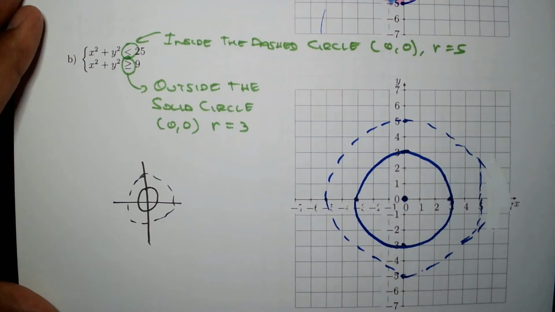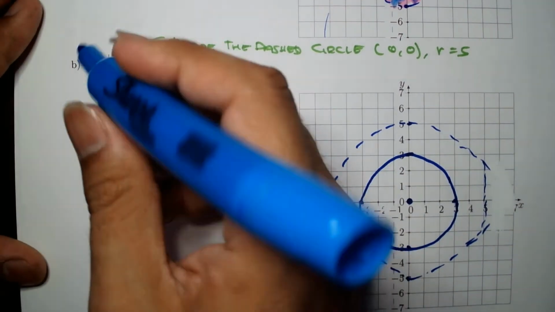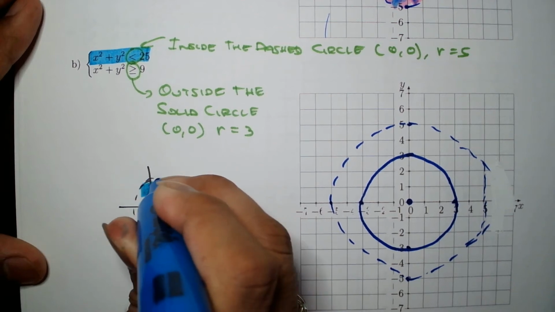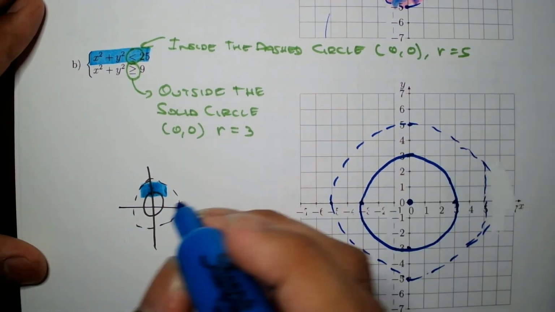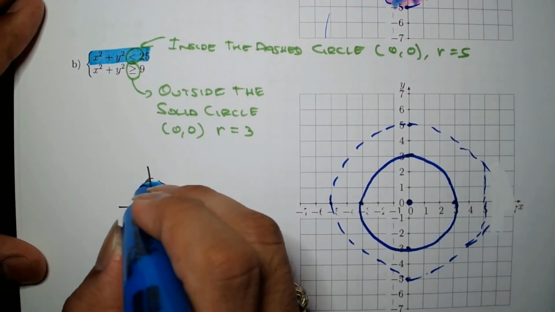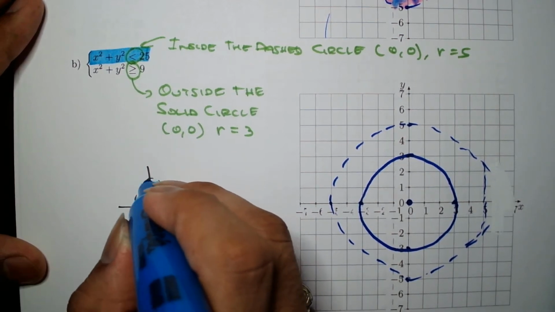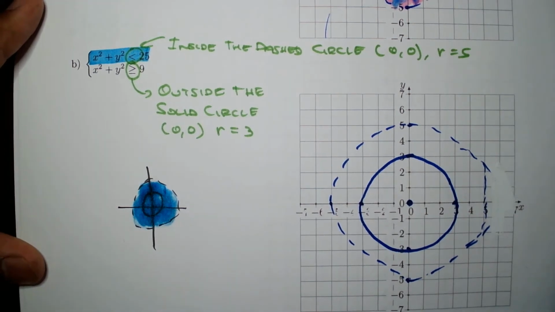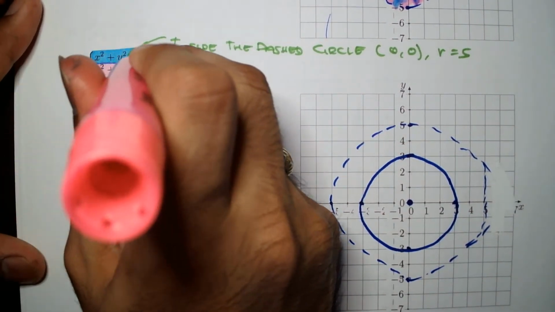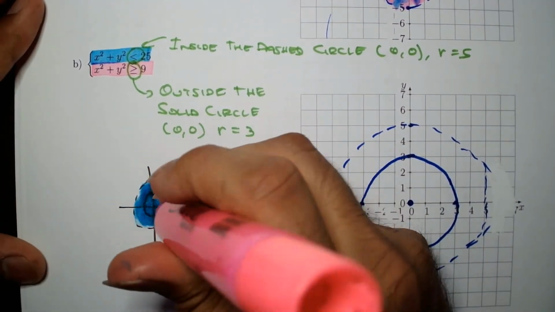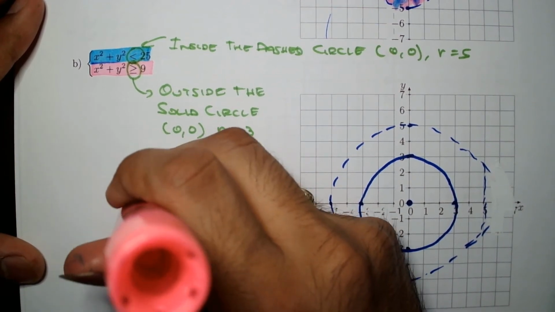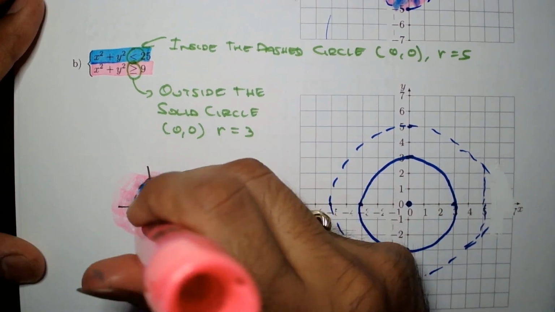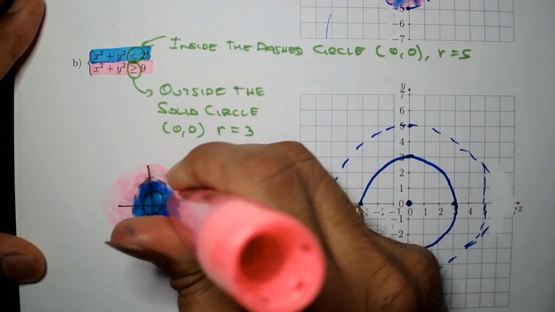So inside the dashed circle, with blue, okay, so that's inside the dashed circle. And then with pink, it's outside the solid circle. Do you see where the pink is happening? I mean the purple.